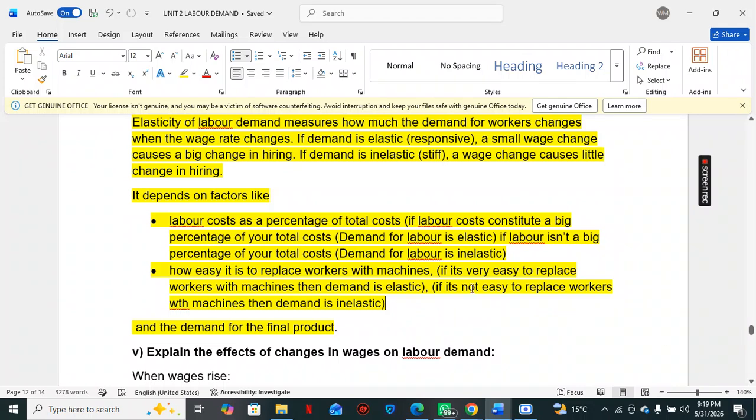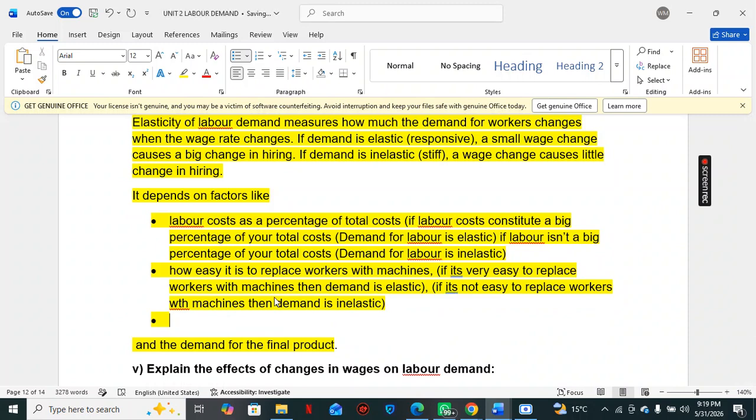Even skilled jobs versus unskilled jobs. Demand for very skilled jobs is inelastic.